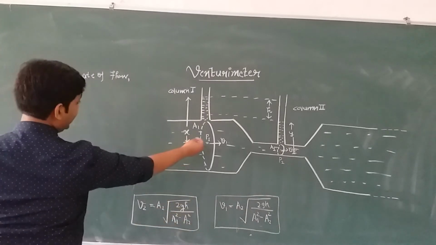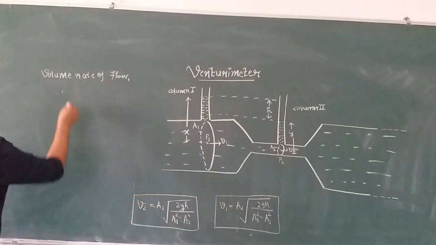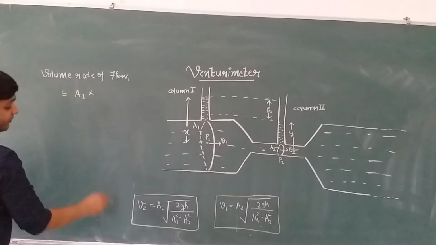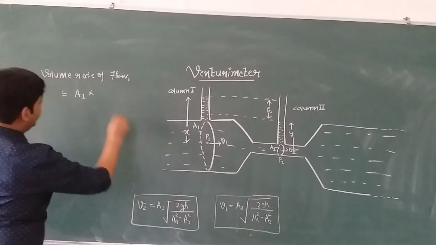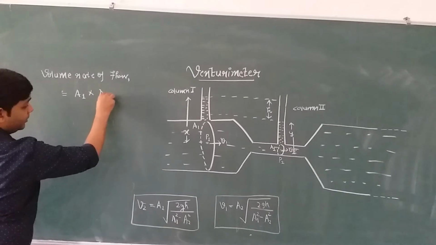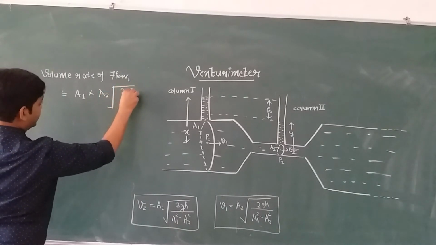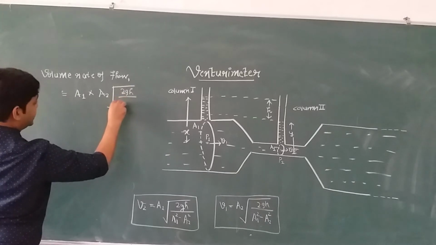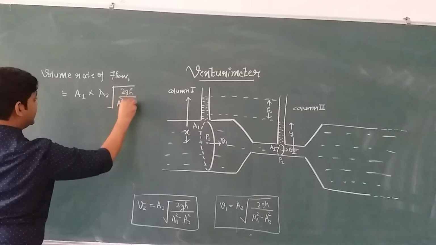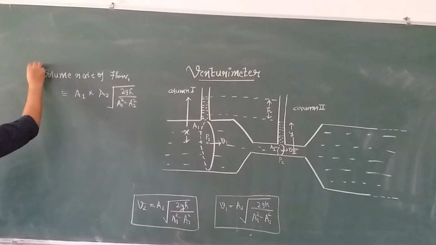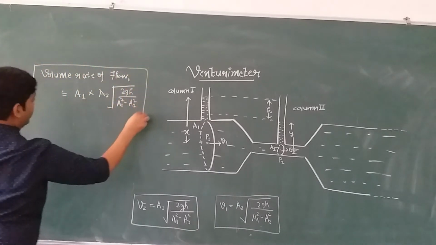So suppose I take A1 into V1, this will be equal to A1 into V1, V1 is A2 under root of 2gh upon A1 square minus A2 square. So this is the required value of volume rate of flow.